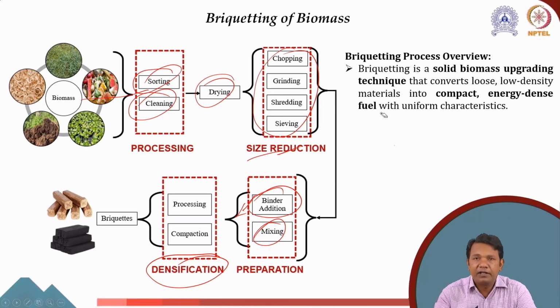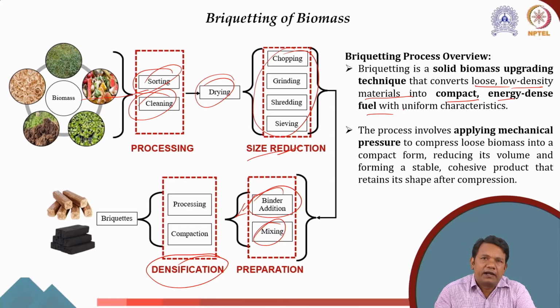So if I start, like I said in the beginning, briquetting is a solid biomass upgradation technique that converts loose, low density material into a compact, energy dense fuel with uniform characteristics. Now if I have to compact something, obviously you need mechanical pressure.